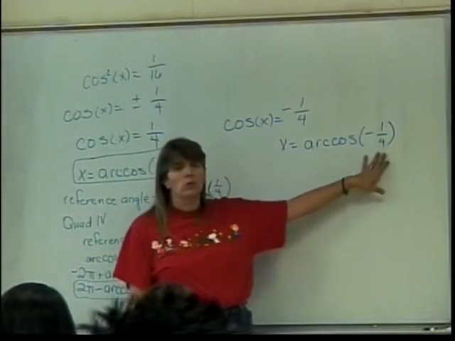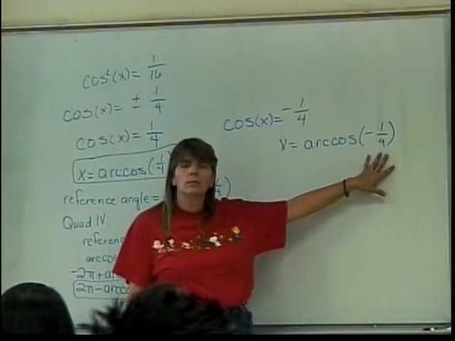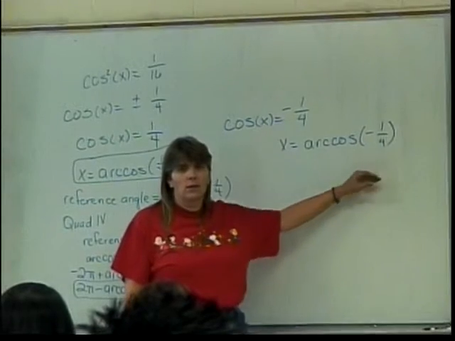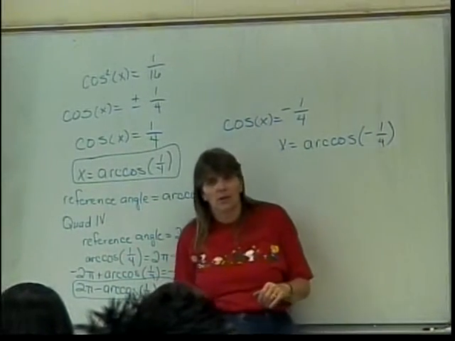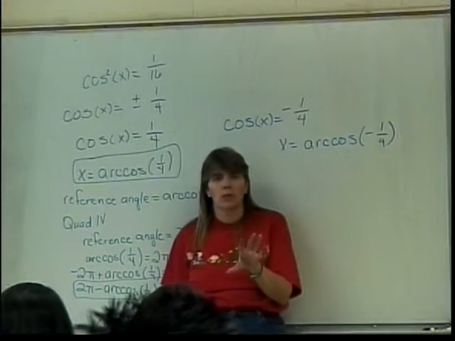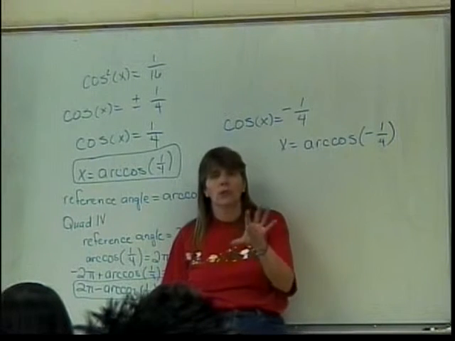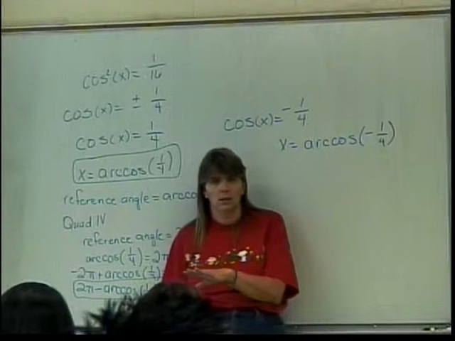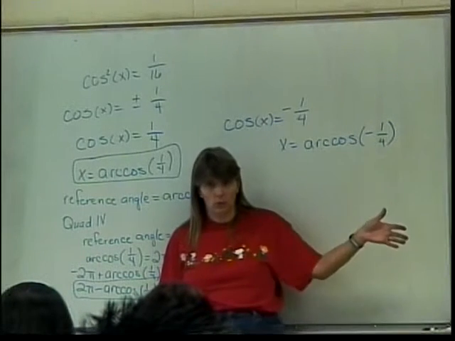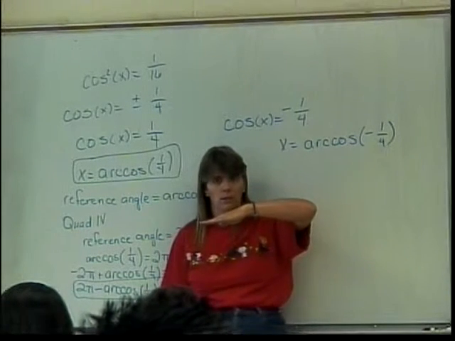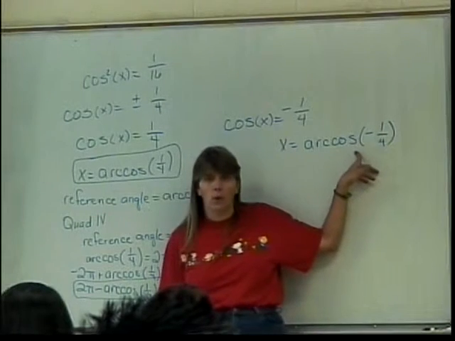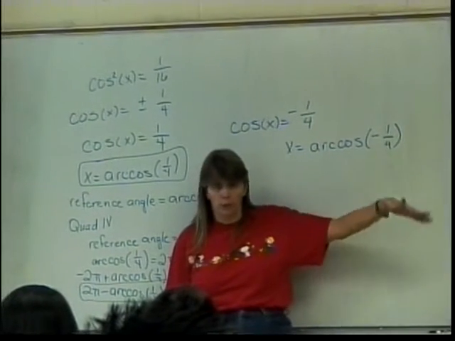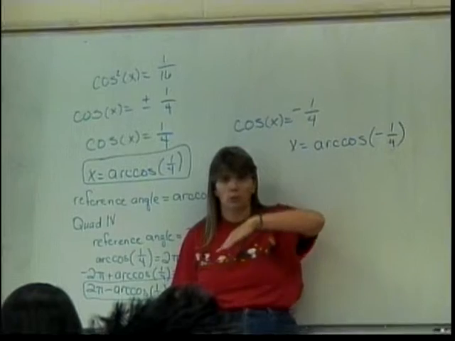Where does your inverse cosine come out? The range for the inverse cosine function has to be between what and what? It goes from 0 to pi, so this is either going to be in quadrant 1 or quadrant 2, because 0 to pi covers quadrant 1 and quadrant 2.